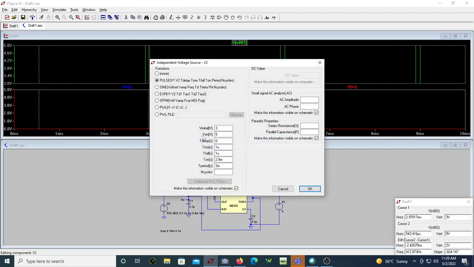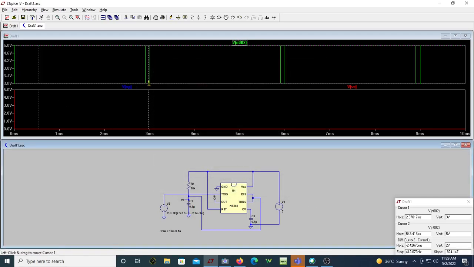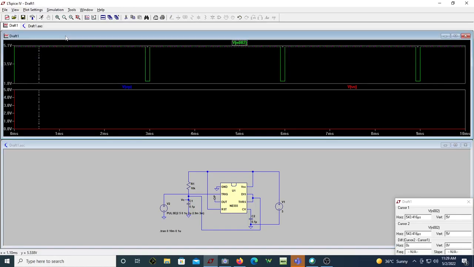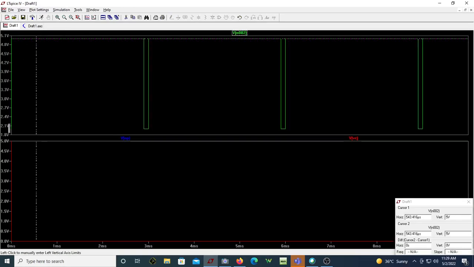Even if I make the initial voltage 2, it still won't work, because VTL for this particular case is 1.66. If I run it now, you can see it is 2 and goes only up to 2. The output is still at the stable state.